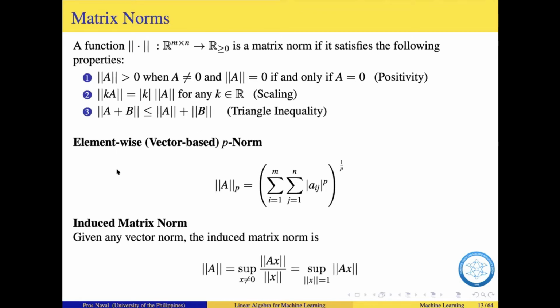There are two types of matrix norms: the element-wise or vector-based p-norm, and the matrix norms induced by vector norms. The general formula for the p-norm of an element-wise matrix norm is this formula here.